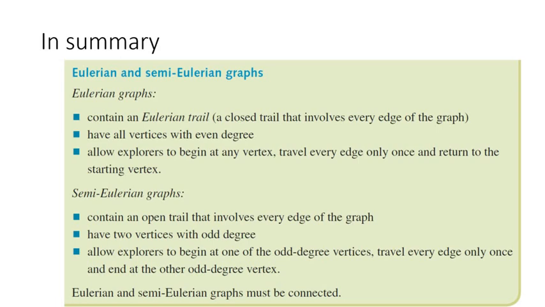D, what do we got? All even. Yep. So that one would be Eulerian. For E, what do we got? Two odd, so that's semi-Eulerian. So just remember, guys, semi-Eulerian, which are our odd vertices in this one? E and D?